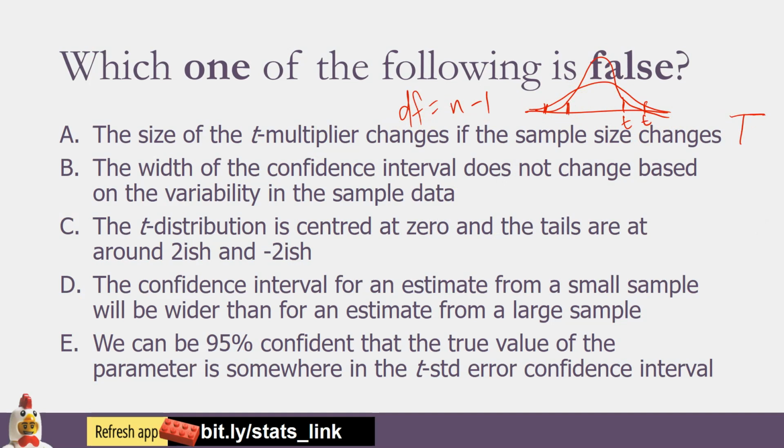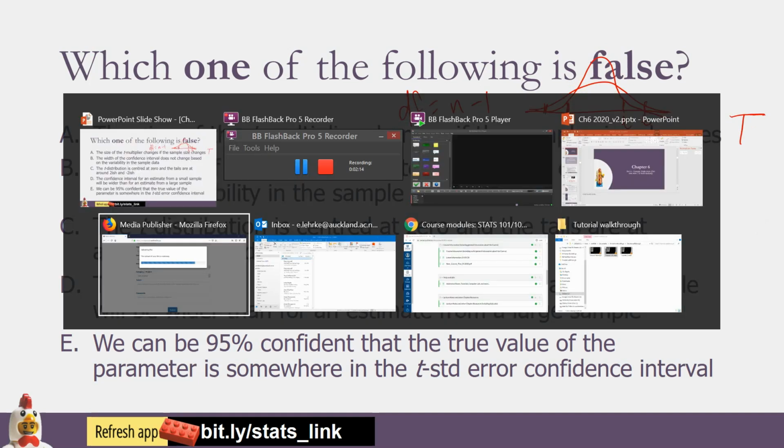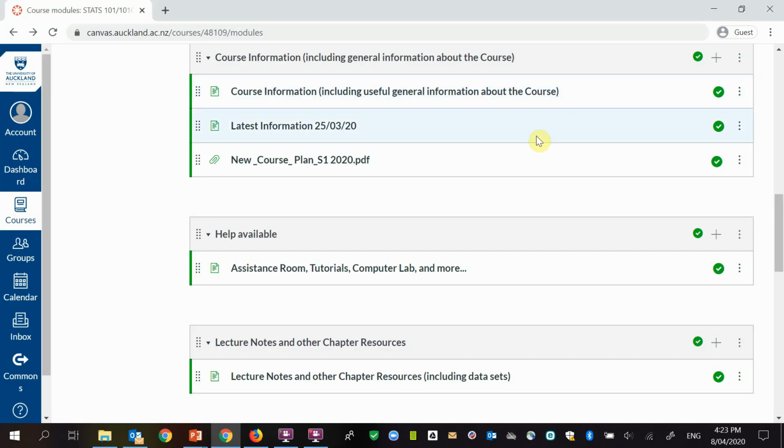Let's go on to B: the width of the confidence interval does not change based on the variability in the sample data. If we remember our formula for the confidence interval, I'll just show you briefly where you can find the formula sheet.